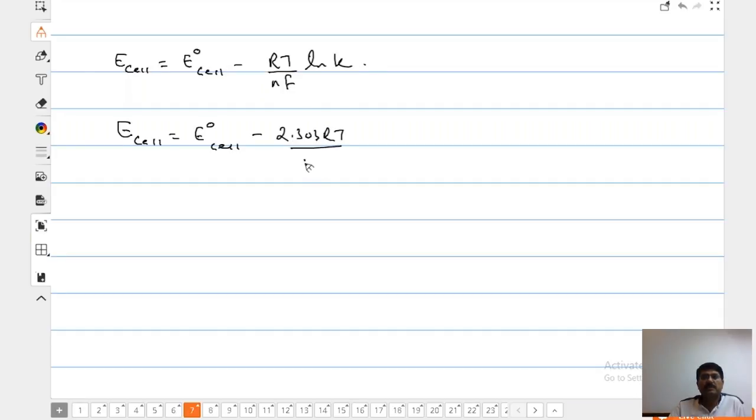See beta, the Nernst equation is E cell is E naught cell minus RT by nF natural log of K. That is E cell equals E naught cell minus, I hope there is no doubt, by nF log of K. Any doubt?